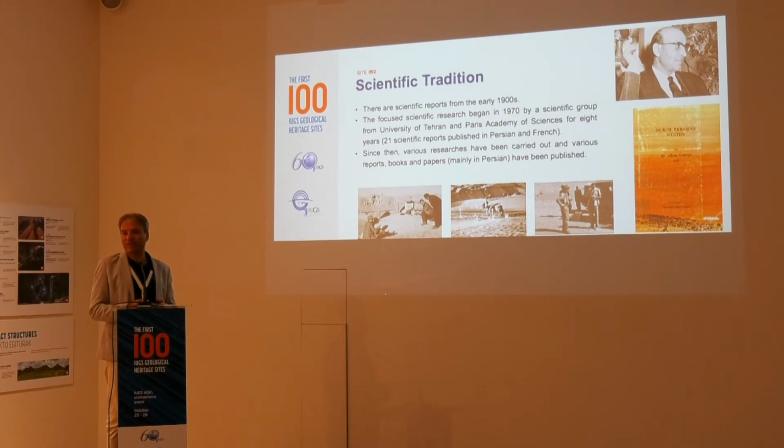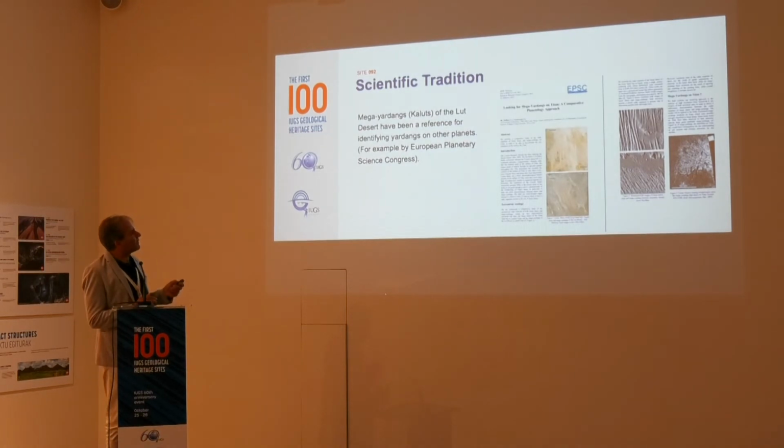Even in winter, you have very hard and frozen nights. It's interesting to know that the mega yardangs of Lut are a reference for identifying yardangs on other planets. There are some papers that compare them with yardangs on other planets.